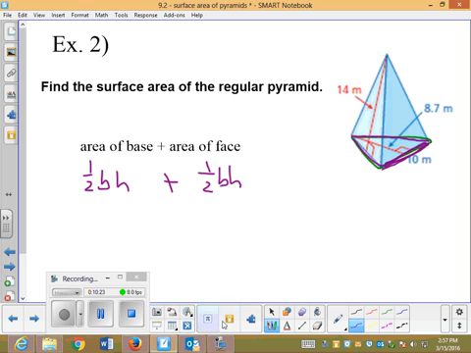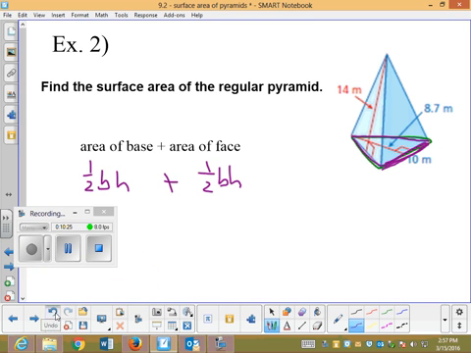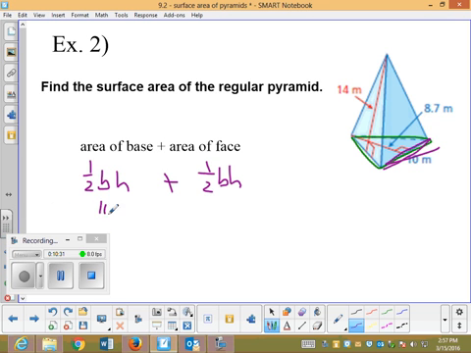So let me undo that really quick so you can see. So the base is 10 for the area of the base. Height, again, is going to be the line right there, pointing at 8.7. So we're going to say times 8.7, and then times a half.